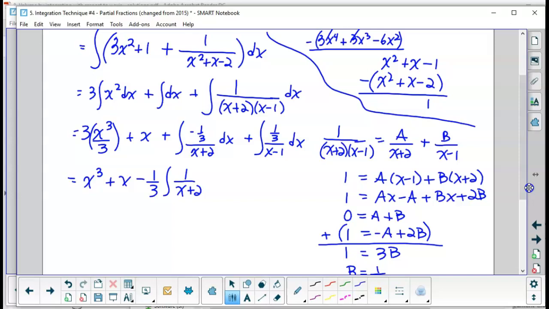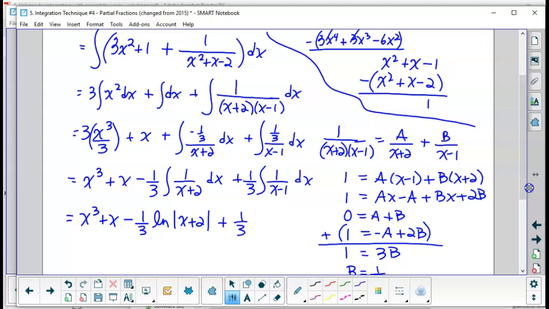Yeah, you could bring the 3 down and take the ln of that, etc. Well, no, because you still have to substitute in. But this is, I find, the cleanest way of doing it. And there you go. Okay, that's it.